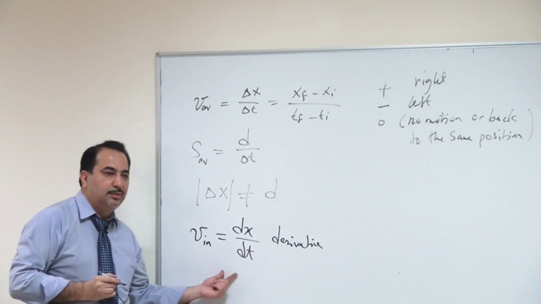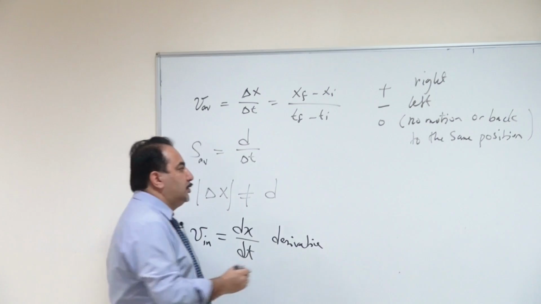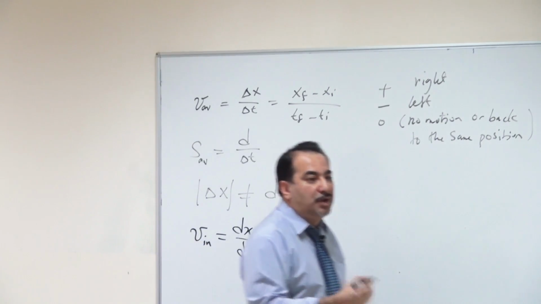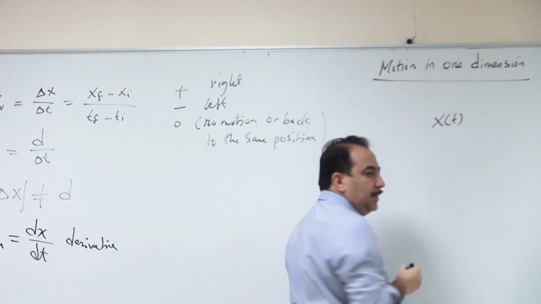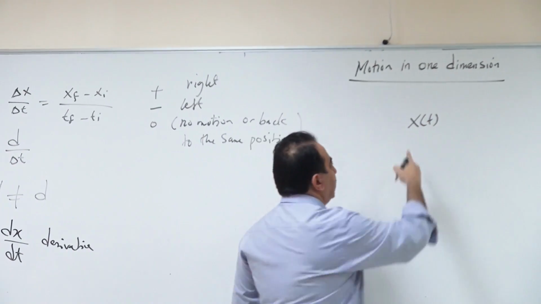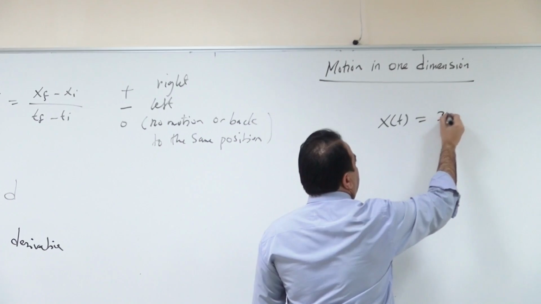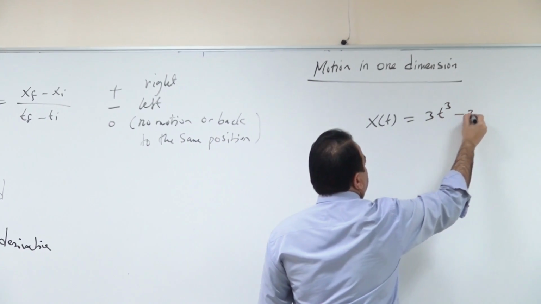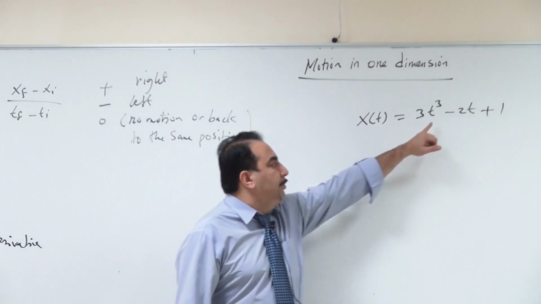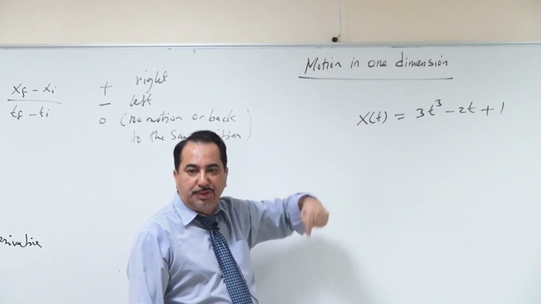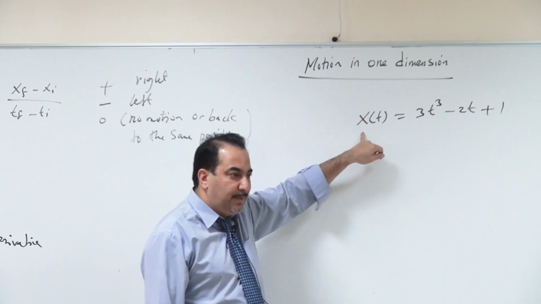Now, how do I use this one? It means you should have a function, x of t, position with time. Like, maybe I have 3t cubed minus 2t plus 1. The time is t and x is the position. x is not displacement, it is position.